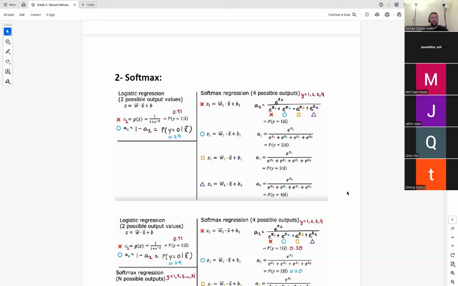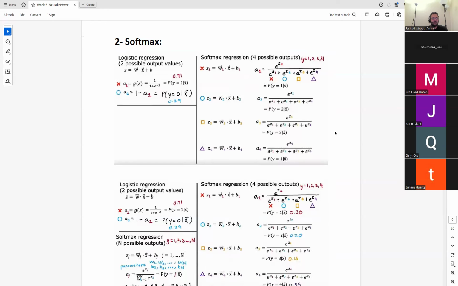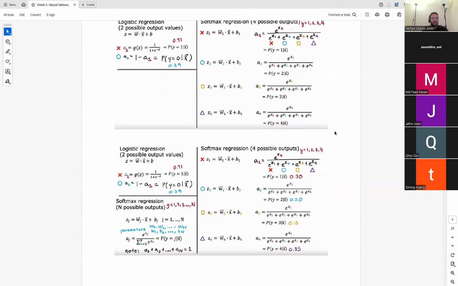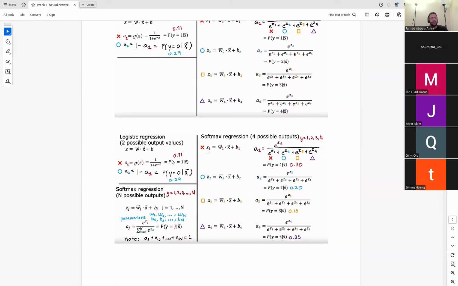So in this way, we generated four activation values for four possible outputs in a multi-class classification application, right? And then here, let's say A subscript 1, the activation value of the first class, shows the probability of 0.3. A subscript 2 shows the probability of y being 2 with 20%, 0.2. A3 is 0.15. What is the A4 value?